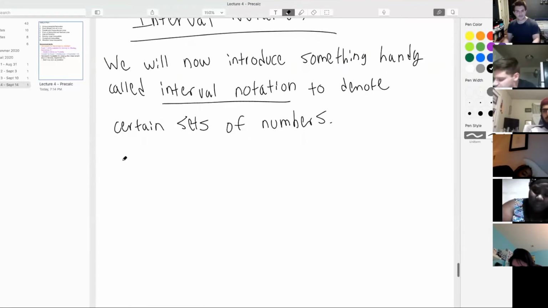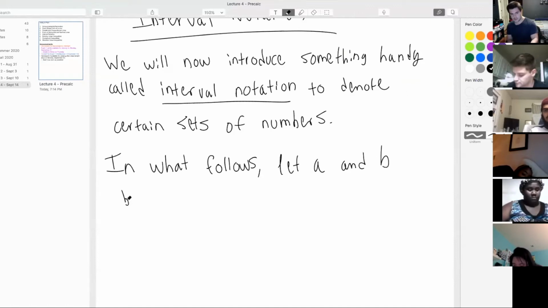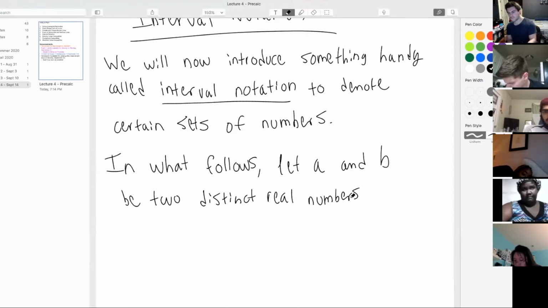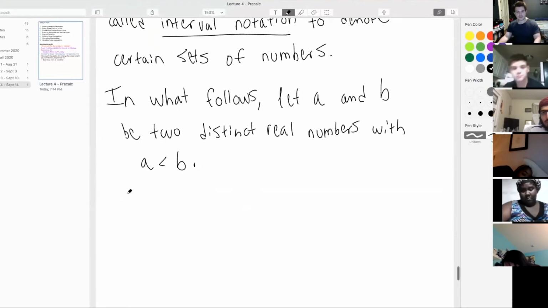In the following setup, let A and B be two distinct real numbers, and let's assume that A is less than B. Here's the definition.